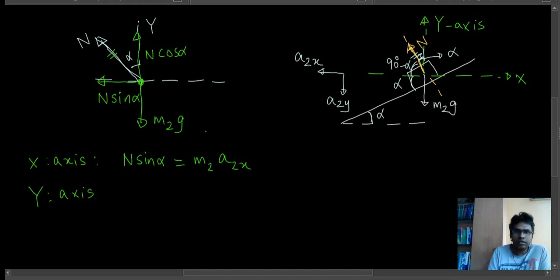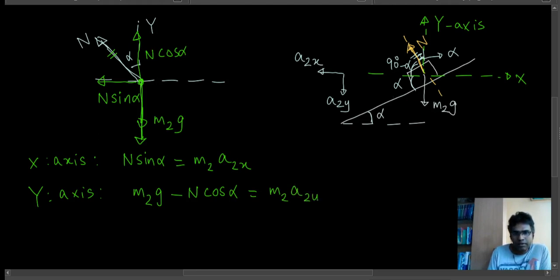So we are saying that the gravitational force should be greater than n cos alpha. Don't go with the length of the arrows that I have drawn here. Ideally we should draw m2g slightly longer than n cos alpha. So here the gravitational force is dominating, so m2g minus n cos alpha is equal to m2 times the acceleration in the y direction.